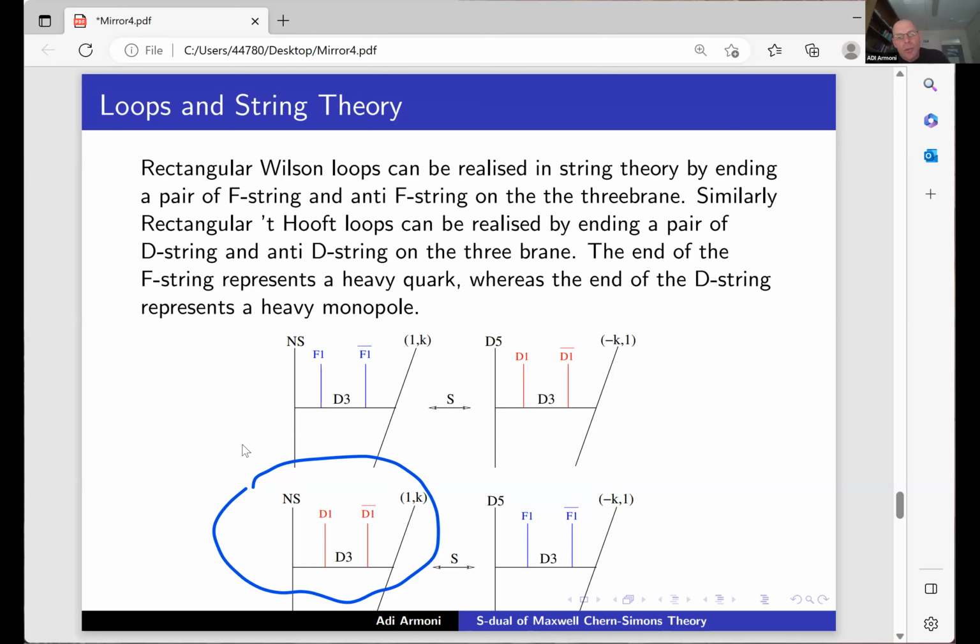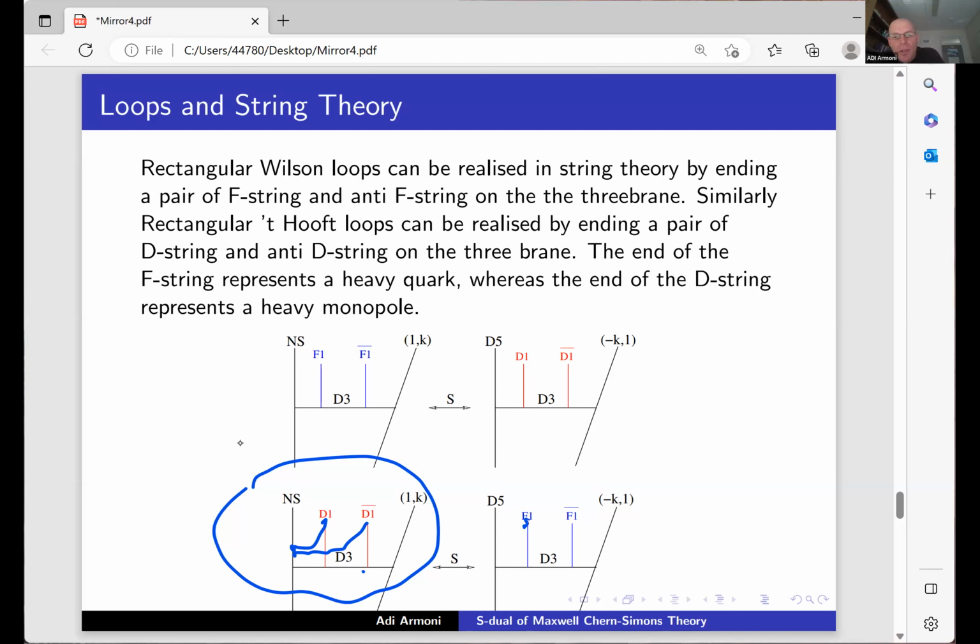In order to reduce the energy, they can simply end on the NS5 brane. So a D1 can end on an NS5 brane. So both can end on an NS5 brane instead of the world volume. And in this way, they reduce the energy. So in the world volume, I will see nothing. It's absolutely trivial.